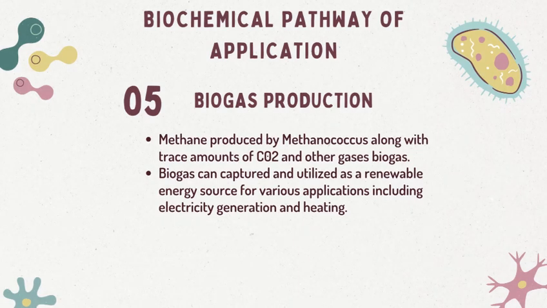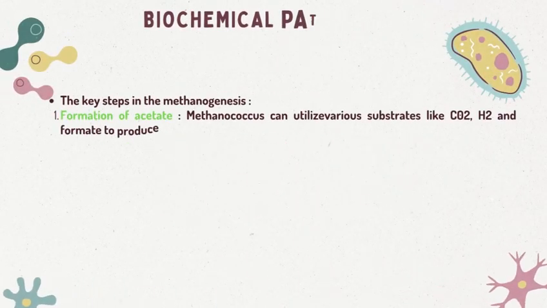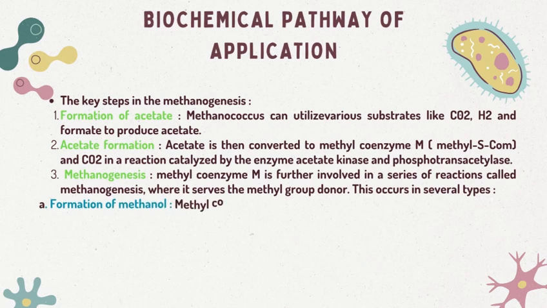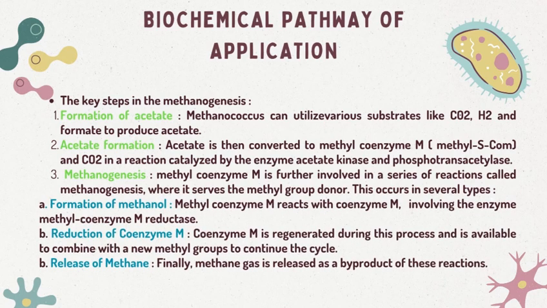Next, as you can see on this slide, these are the key steps in the methanogenesis process, which are: firstly formation of acetate, secondly acetate formation, and thirdly methanogenesis. In methanogenesis, you have to remember that three processes occur: formation of methanol, reduction of coenzyme M, and lastly release of methane gas.